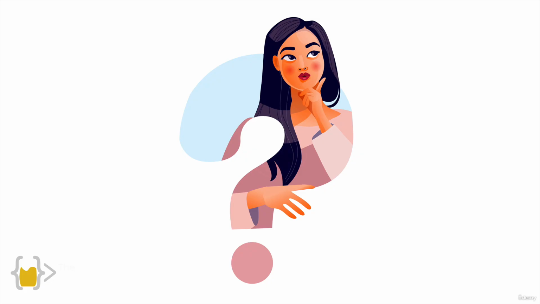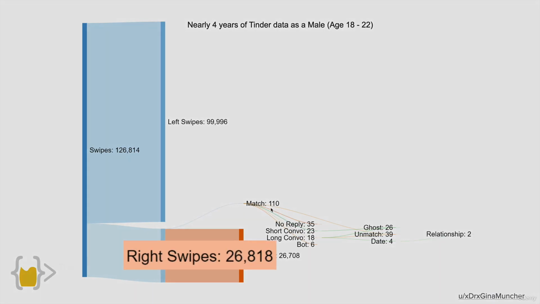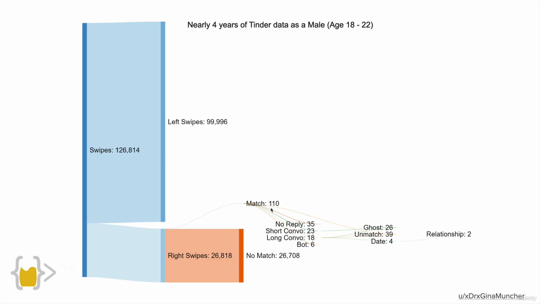It turns out that Jason and my friends are actually not alone. I found a guy on Reddit who requested his data from Tinder and posted his stats online. Apparently he only got a total of 110 matches out of 26,800 swipes over 4 years.